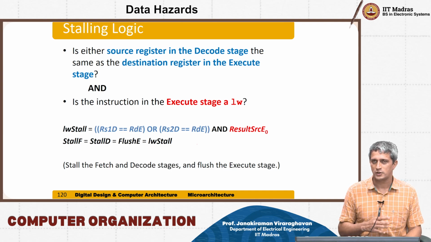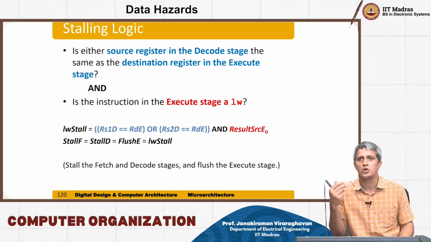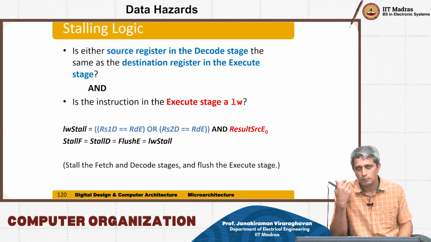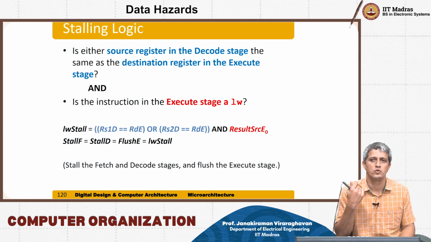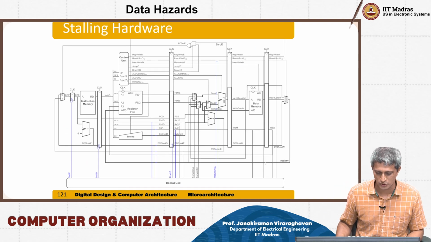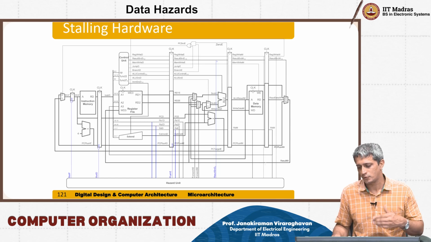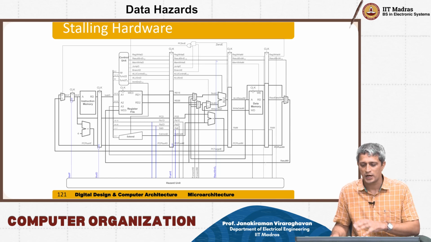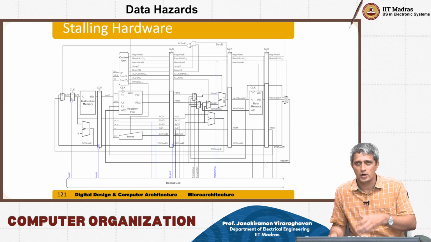Stalling means you are just making it wait. Flushing means you have to remove that instruction. You have to reset that so that you go ahead and redo that operation. So you have to flush out that instruction, because remember, the instruction that was fetched was decoded and all that stuff.